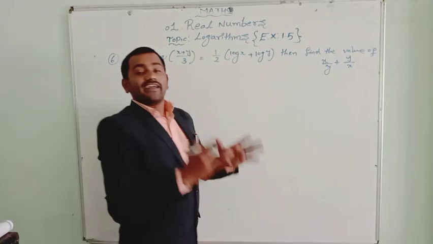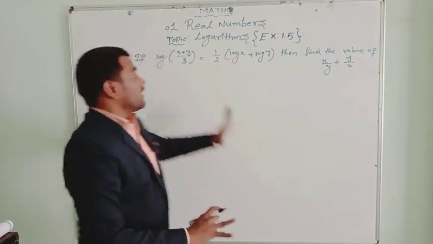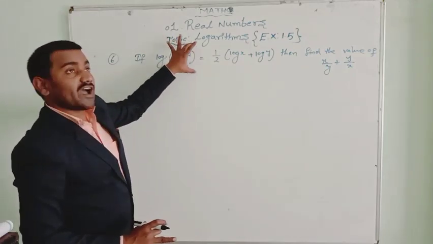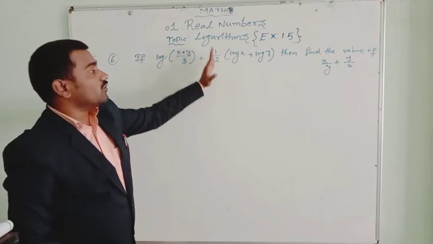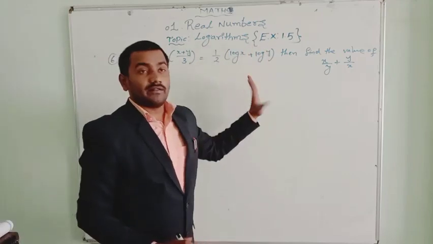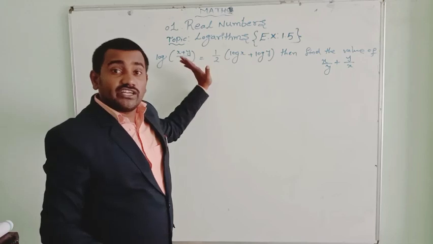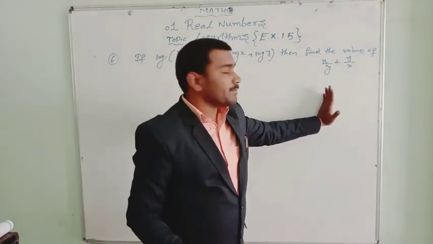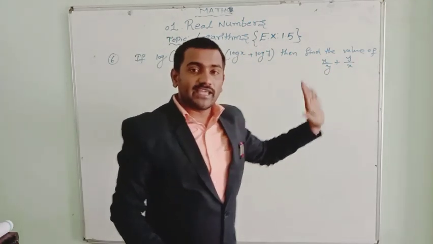What is the value of x by y plus y by x? If log of (x plus y) by 3 equals 1 by 2 (log x plus log y), by using this information we need to find the value of x by y plus y by x.